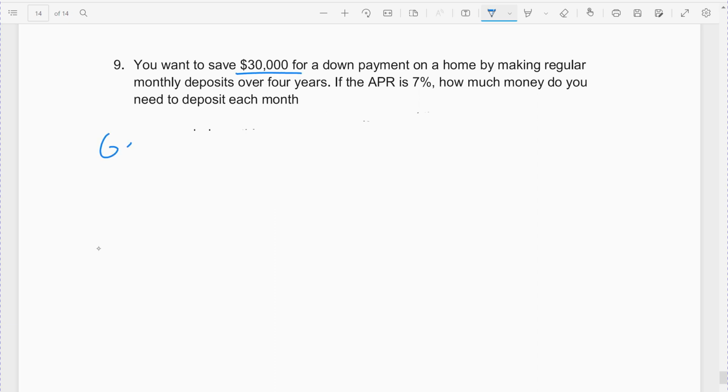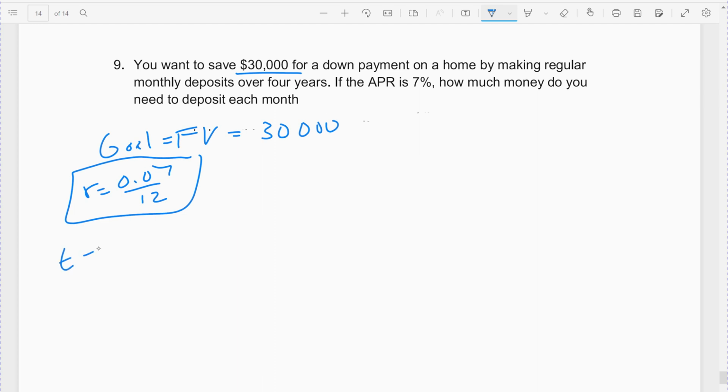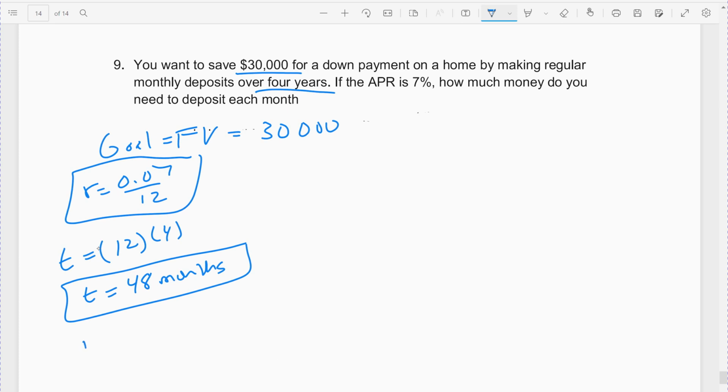Alright, we have a goal, which is our future value of $30,000. We know our R is 0.07 divided by 12, and that one I have to leave exact. T is 12 times 4, so 48 months. We want to figure out that monthly deposit in order to save for our goal.